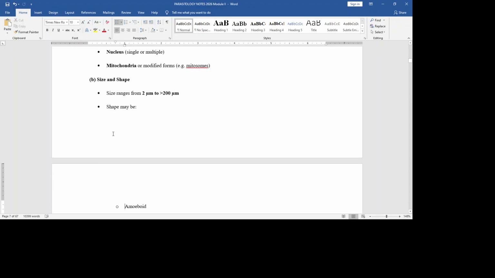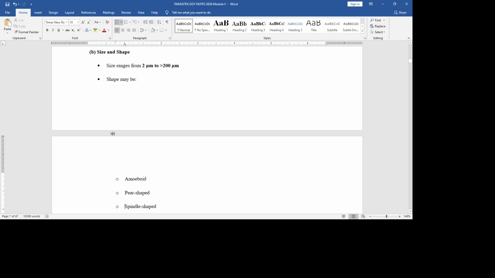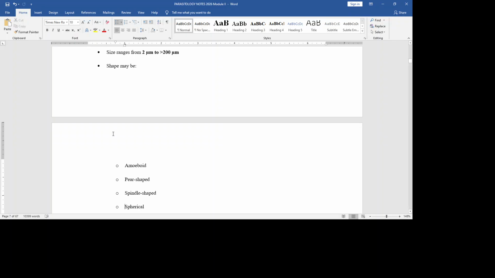Then most of the protozoa, as much as they are unicellular, normally have specific shapes, with the amoeba being variable because it keeps on changing shape as it develops the pseudopodia for movement and feeding.